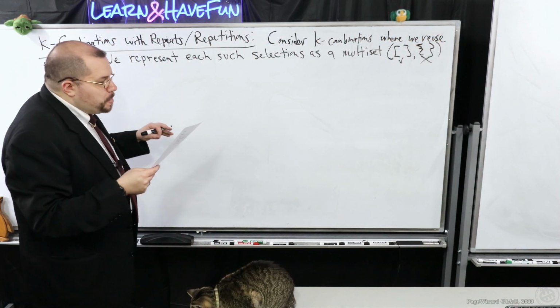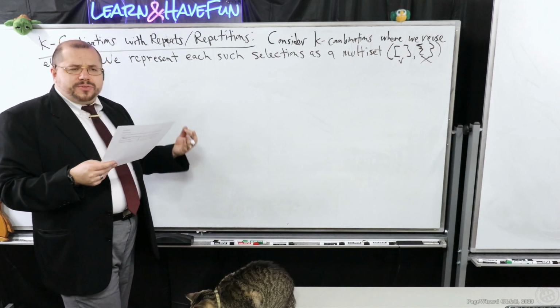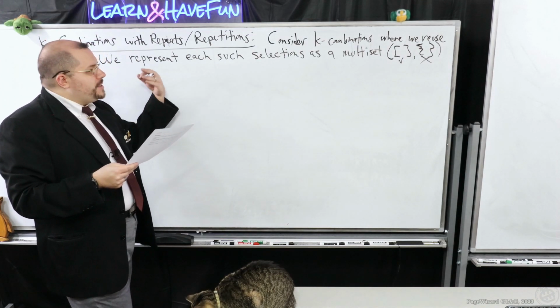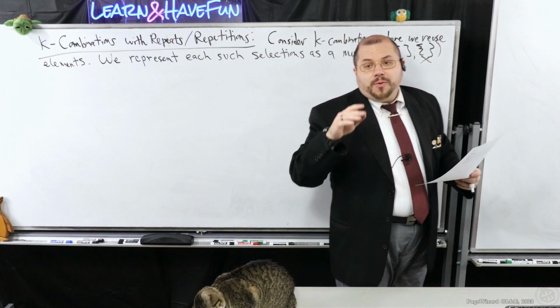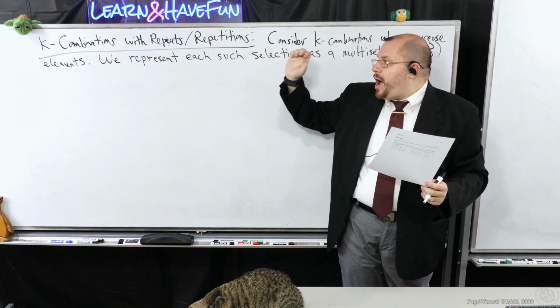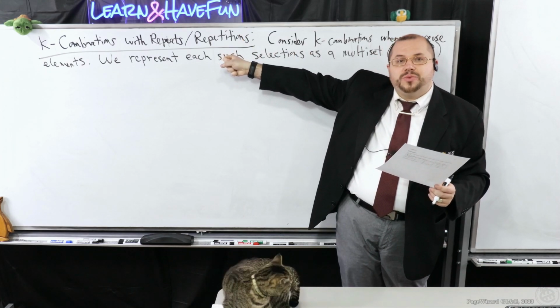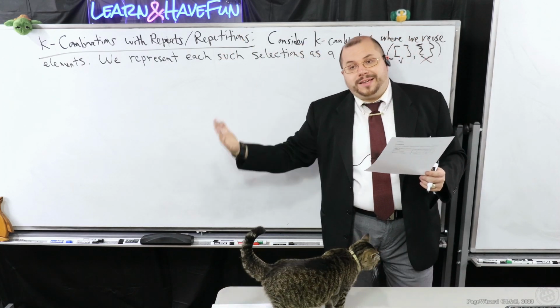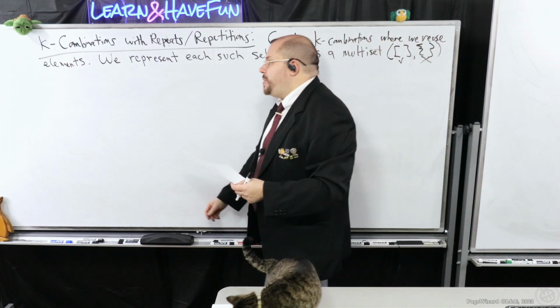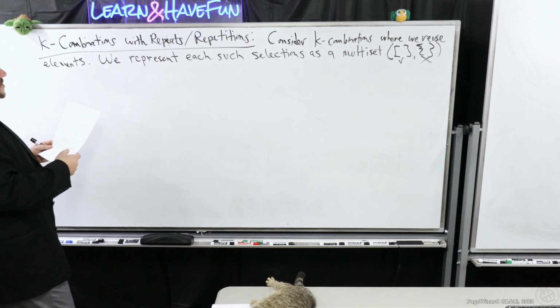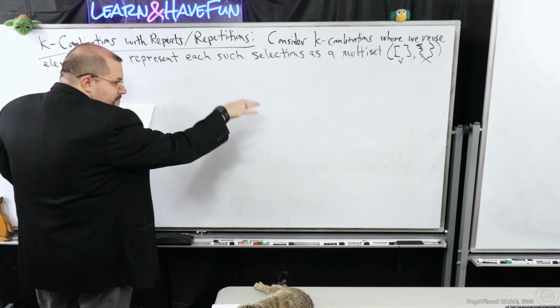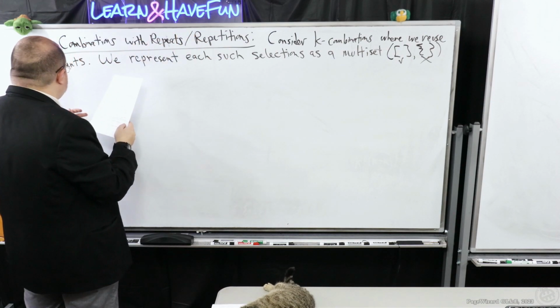Keep in mind, I'm going to show you some examples, but one question I really want to address is how many k combinations with repeats there are for a set A. The way I express these is using a multiset, so each listing is going to be a multiset.